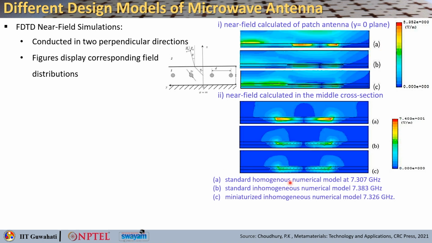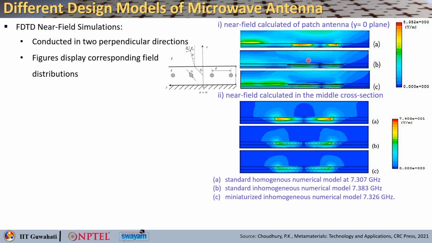Again, A stands for the standard homogeneous numerical model that has a resonance at 7.307 gigahertz. Okay. Then B for the standard inhomogeneous numerical model having a gain at 7.383 gigahertz, and the last one is for the miniaturized inhomogeneous numerical model having a gain at 7.326 gigahertz, right.